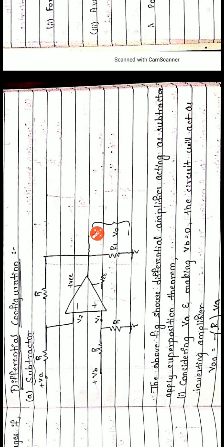We know the derivation for this, so VOB can be written directly using the non-inverting gain formula. Instead of R by R, we can write 1 plus R by R into V1, because we already discussed this in the previous topic of non-inverting configuration.